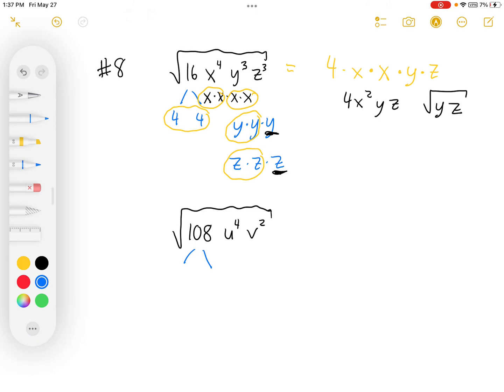So for example, I know that 108 is even, so it must have a 2. And 108 divided by 2 is going to be 54. Now 54 once again is even, so let's go ahead and break that down. That's going to be 2 times 27. 27, that's going to be 3 and 9. Break down one more, it's going to be 3 and 3. So the prime factorization of 108 is going to be 2 squared times 3 to the third, or 2 times 2 times 3 times 3 times 3.